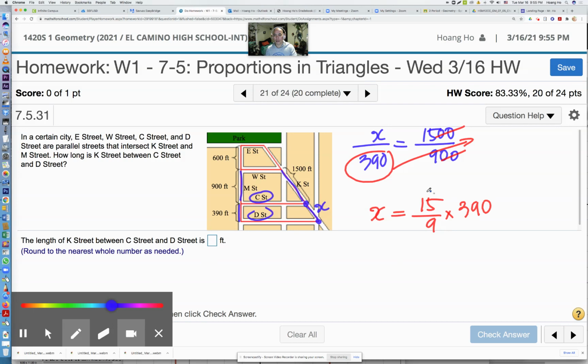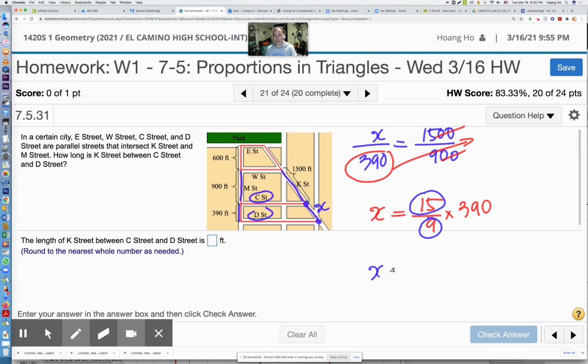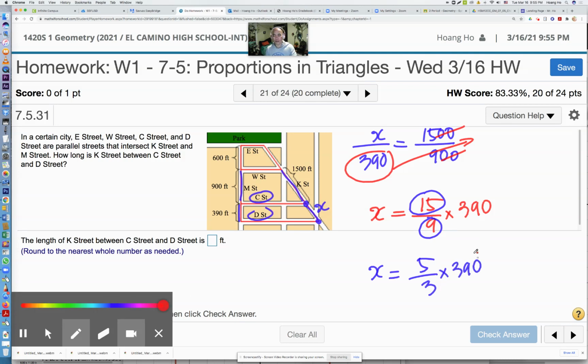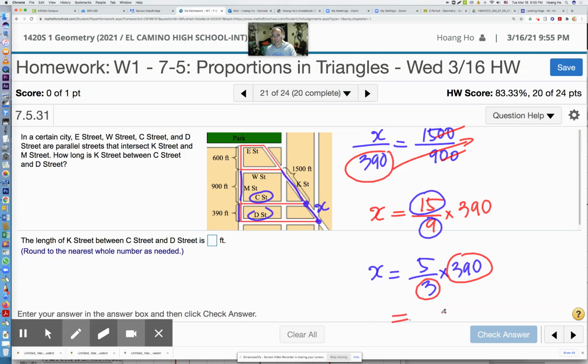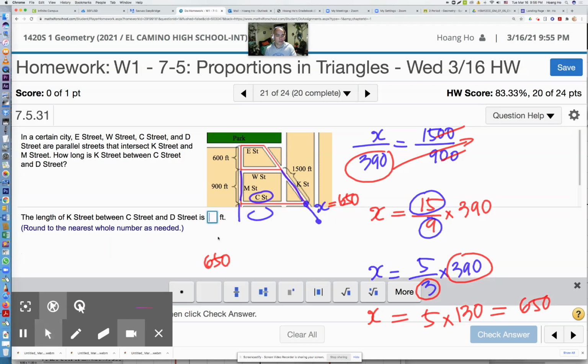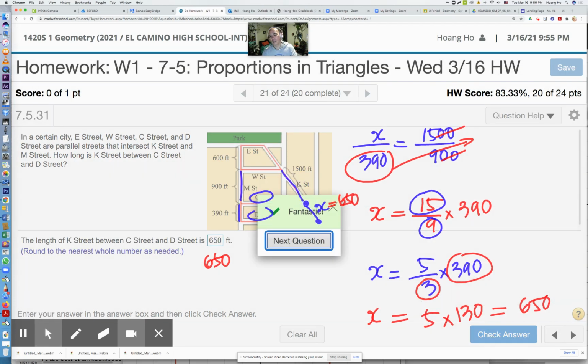Now I simplify 15 over 9 by 3, that's 5 over 3, times 390. 390 divided by 3 is 130, so X should be 650. Is that feet? Yeah, 650. So I put right here 650, then I'm done.